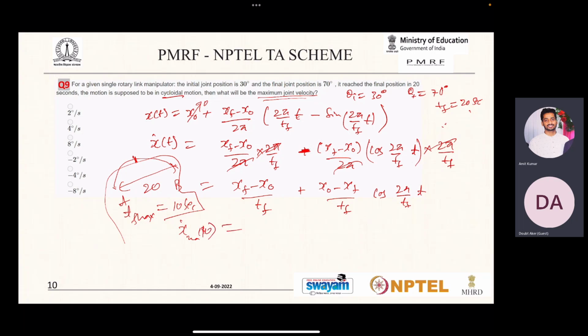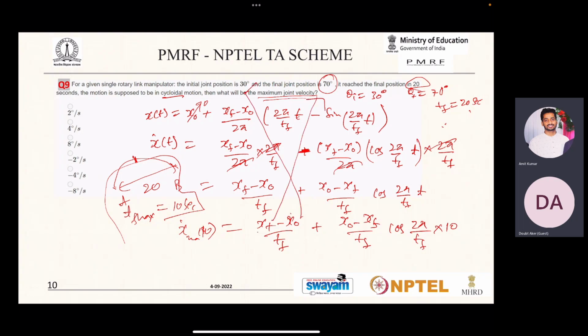So that will be nothing but (xf minus x naught) by tf plus (x naught minus xf) by tf cos(2 pi by tf into 10). Now tf is nothing but 20 seconds, the total time, and xf is 70 and x naught is 30.